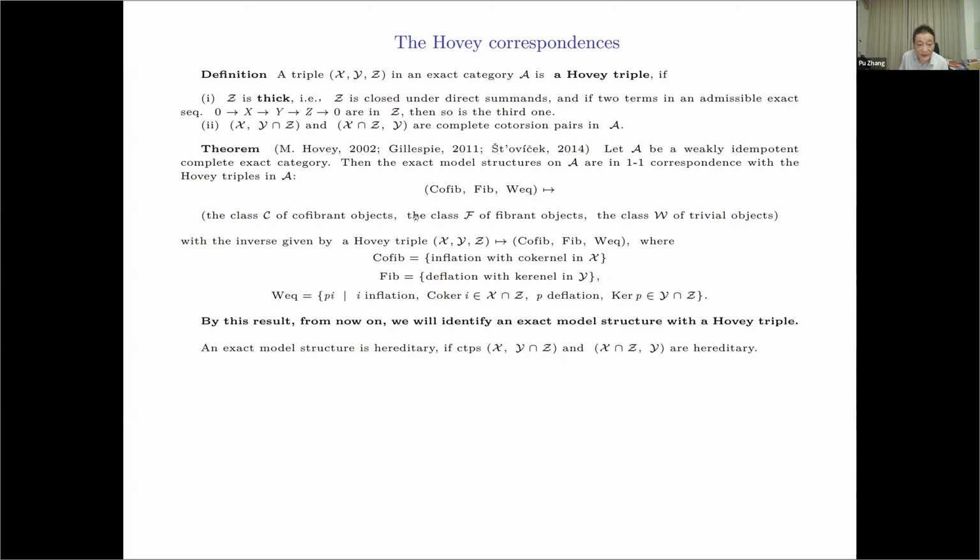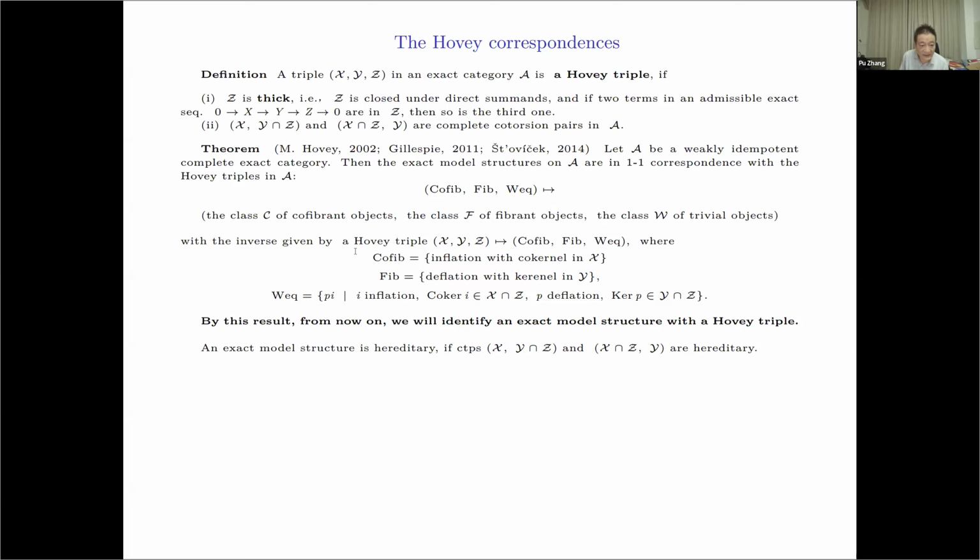That is, if you have an exact model structure, then you just map it to (C, F, W). So C is the class of cofibrant objects, F is the class of fibrant objects, and W is the class of trivial objects. Then it is a Hovey triple.